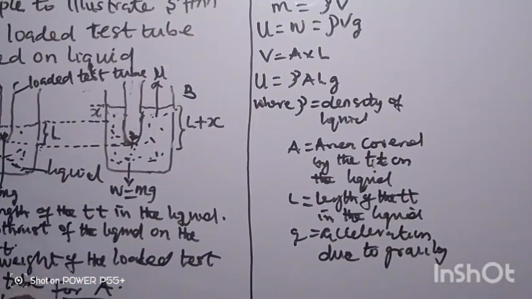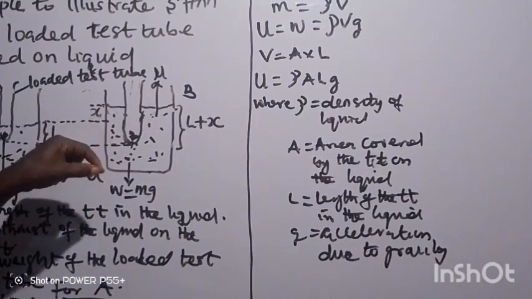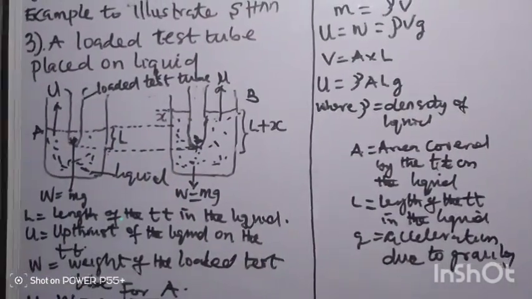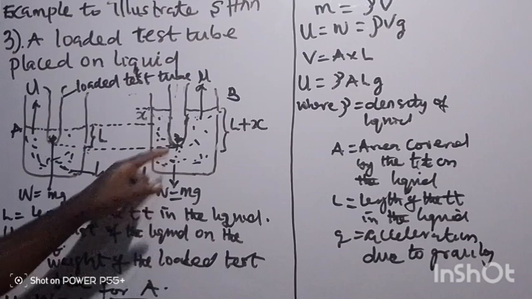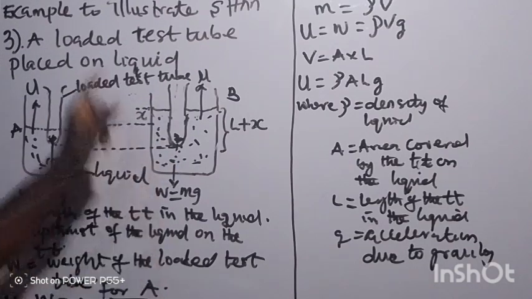For B now, when the test tube is displaced downward, or pressed downward, in order to oscillate up and down.